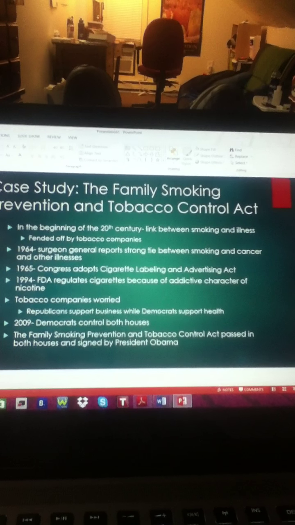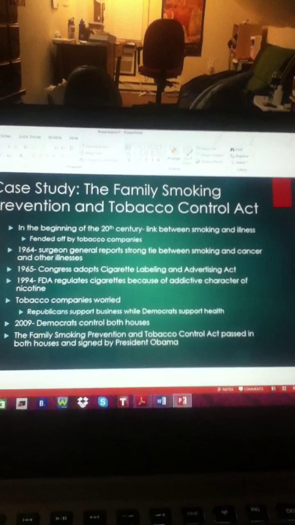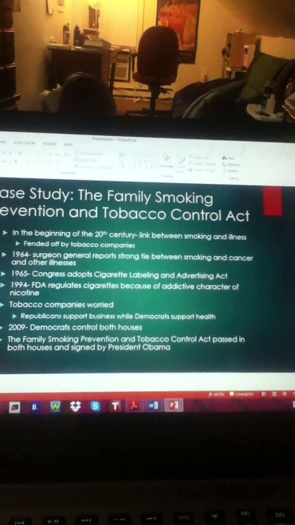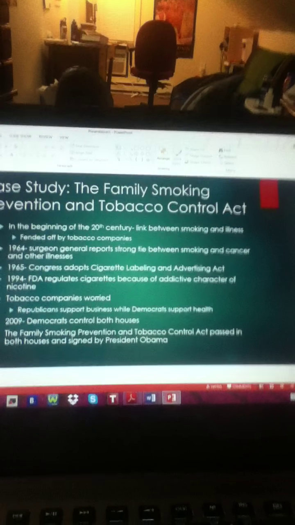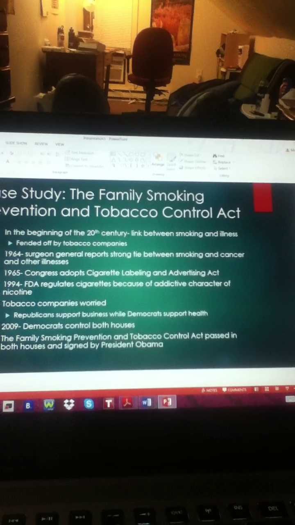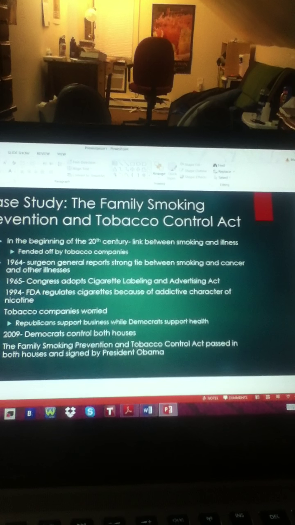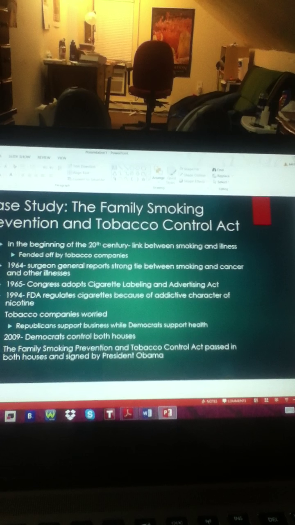Then in 1965, Congress adopted the Cigarette Labeling and Advertising Act. In 1994, the FDA regulates cigarettes because of the addictive character of nicotine.